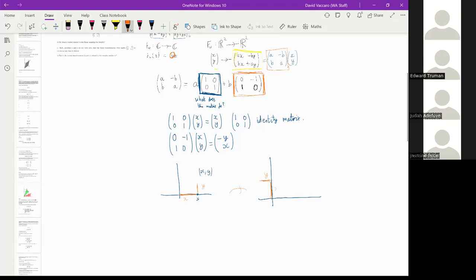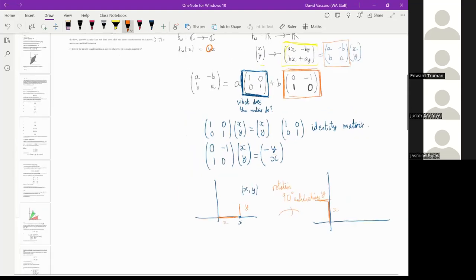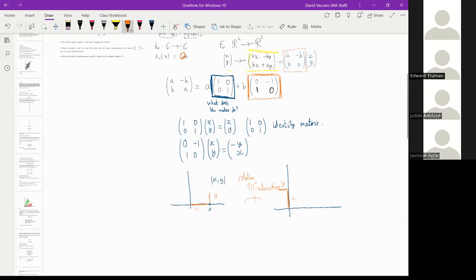So this is rotation 90 degrees anti-clockwise. So I'll just get rid of this now.